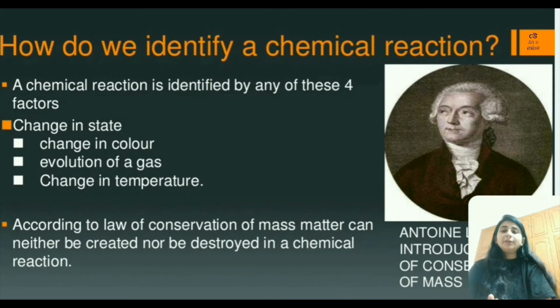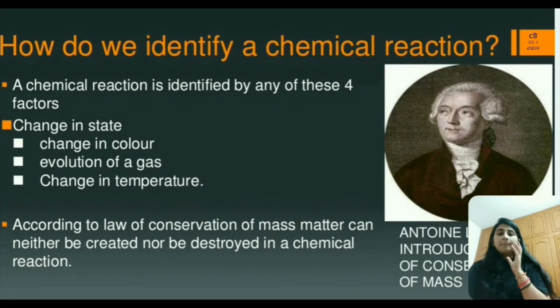So they are trying to say that whenever there is a chemical reaction, the mass of the substance is not going to get destroyed, and it will not even be created. The amount of reactants that you use, you'll get the same amount of product.